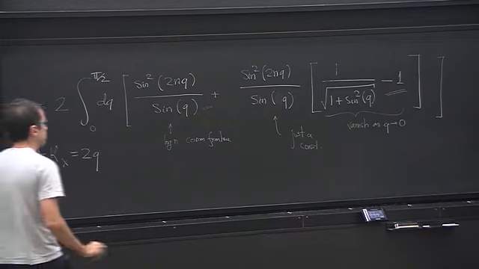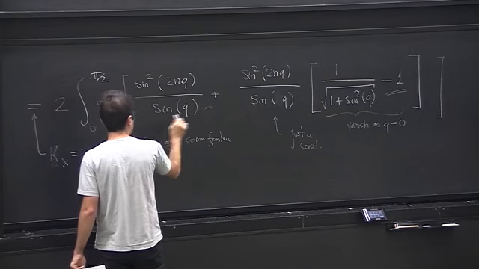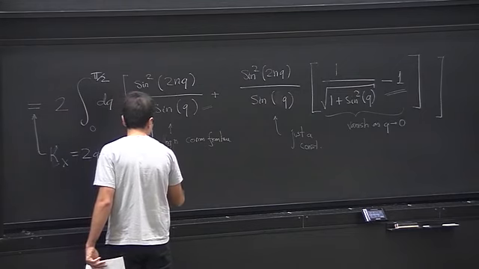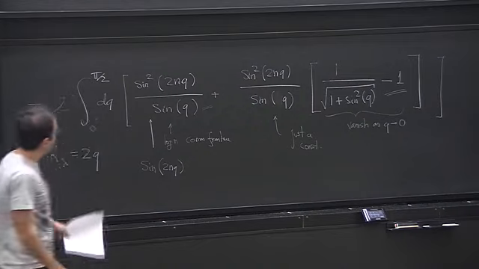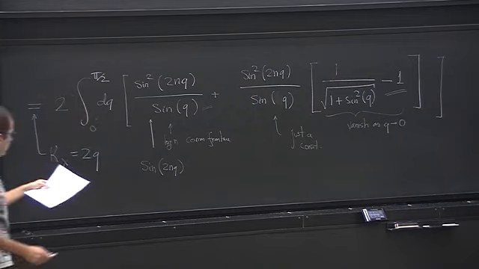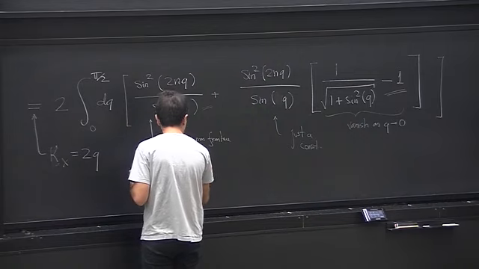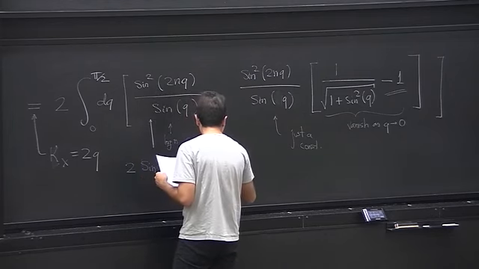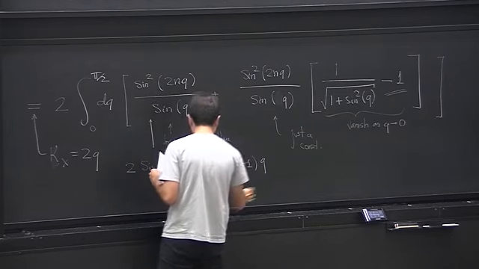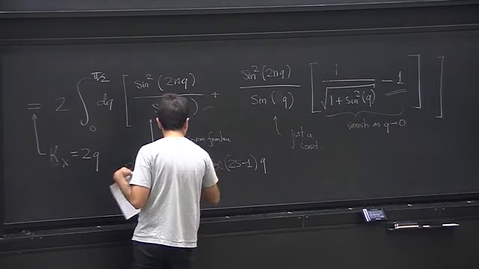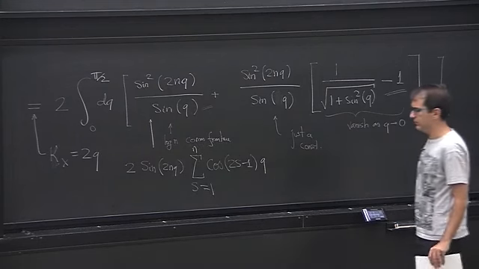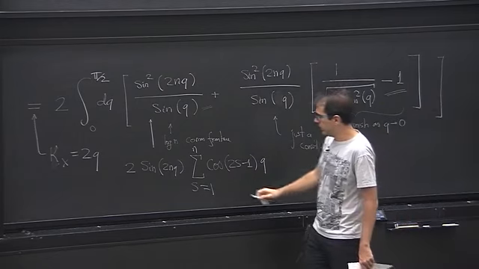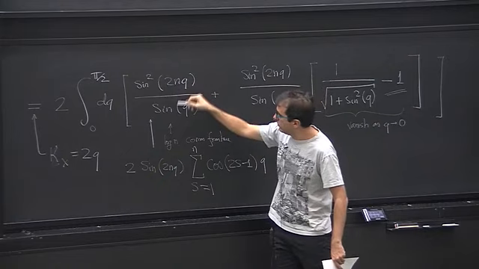Okay, so let's go on. So let's analyze now both terms separately. So this term, I'm going to write it as sine of 2nq. And the remaining sine of 2nq over sine q, I use a trigonometric identity just to write it as a sum of cosine of 2s minus 1 times q, where s runs from 1 to n. Okay, I just want to give you the general idea. So this is just, I write sine over sine.